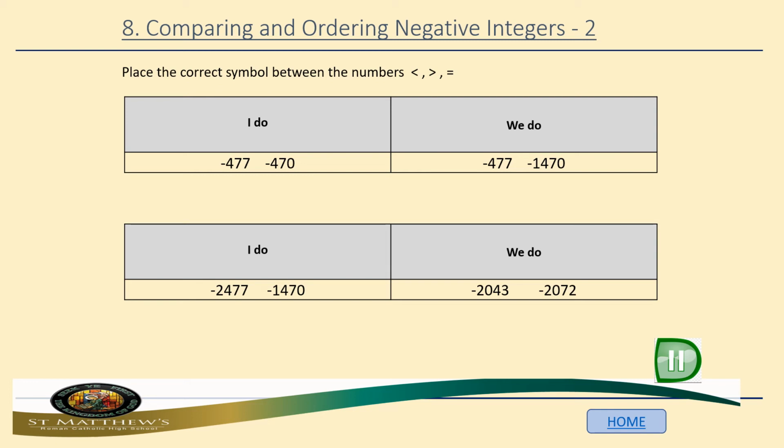I know that 477 is greater, but because there is minus, it's the opposite. So minus 477 is smaller than minus 470. Remember, it only works when both of the numbers are negative.